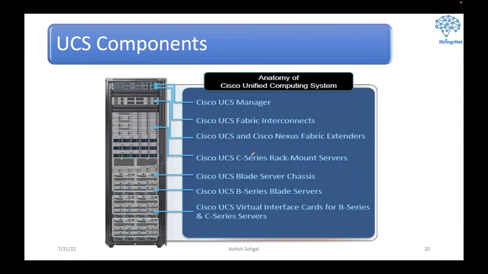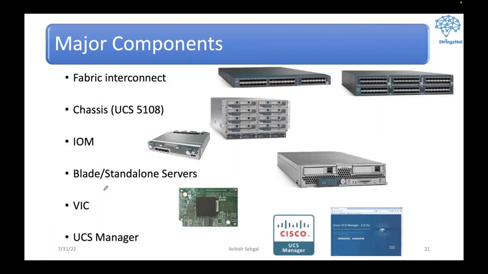So these are different components. What is this? This is a complete rack. What do we have in this rack? In this rack, we have these devices here. You can see all these devices, they are different kinds of devices. So we will be understanding the interconnectivity between these devices.